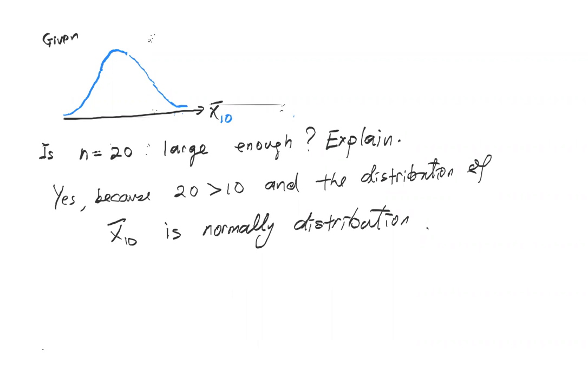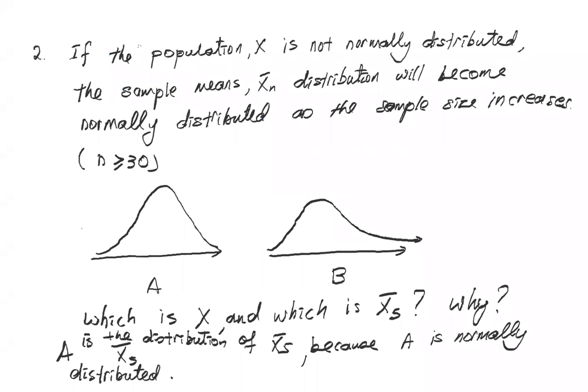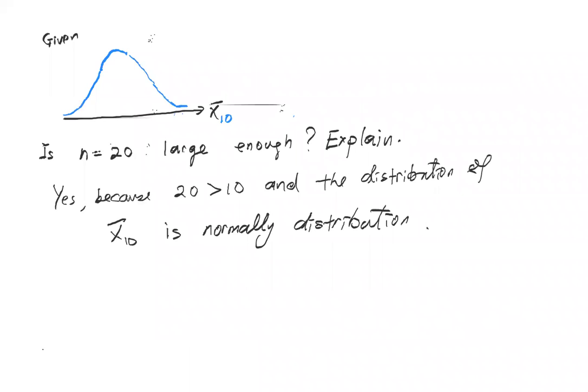Because based on just now the statement we say, if the population X is not normally distributed, the sample mean distribution will become normally distributed as the sample size increases. If with the sample size of 10 it is normally distributed already, how you increase the sample size, it will be normally distributed. Am I right? Are you clear?